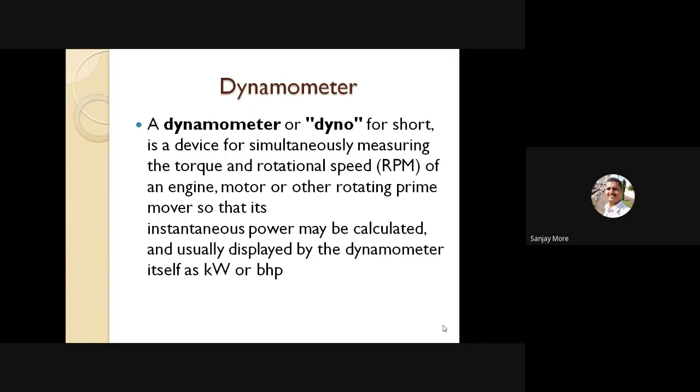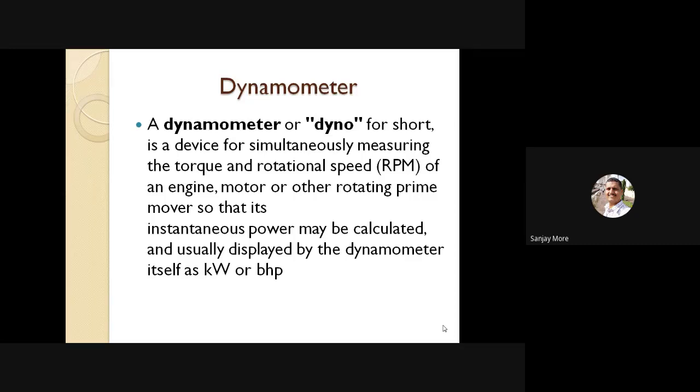It is a device measuring the torque and rotational speed, meaning revolutions per minute, of an engine, motor, or other rotating prime movers. Instantaneous power may be calculated and usually displayed by the dynamometer itself as kilowatt or bhp.